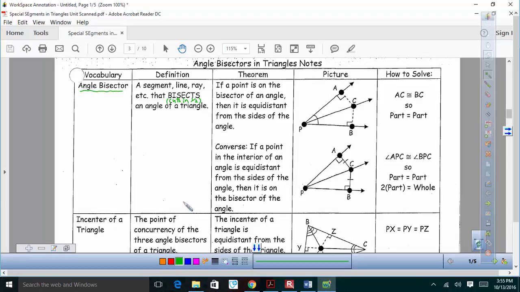Like in the picture, the example of this would be this ray right here, which is cutting angle P into two little angles. This angle here and this angle right here.